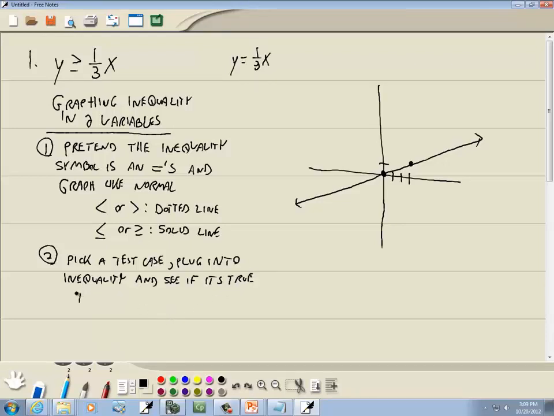If it's true, then shade the side where the point is. And if it's false, shade the other side.